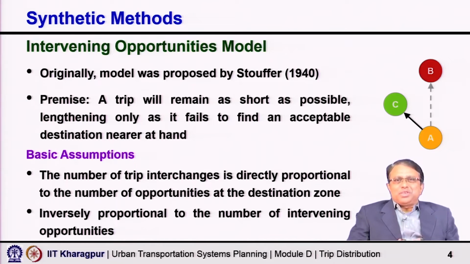Just think of the same example; many other examples can be given, where you are trying to locate yourself. What is the chance that you will locate yourself in the 5th suburban station? It will depend on how many opportunities are there in the 5th suburban station. The more the opportunity, the more likely that trip will terminate there, and also it will depend on how many opportunities are there in between, the intervening opportunity.